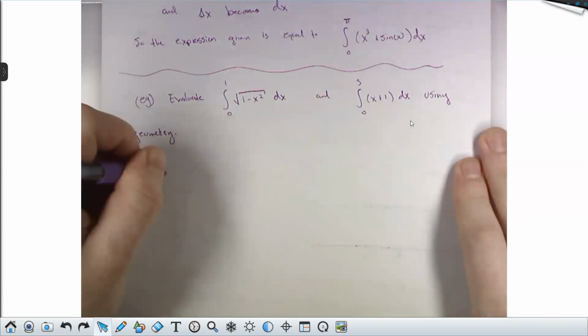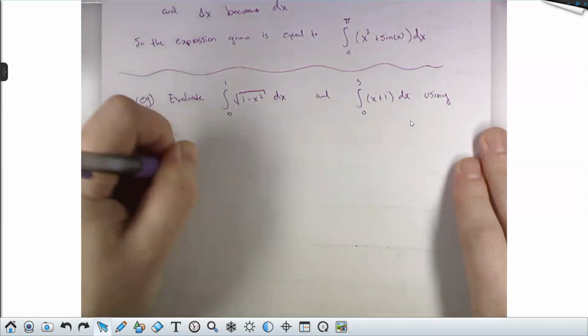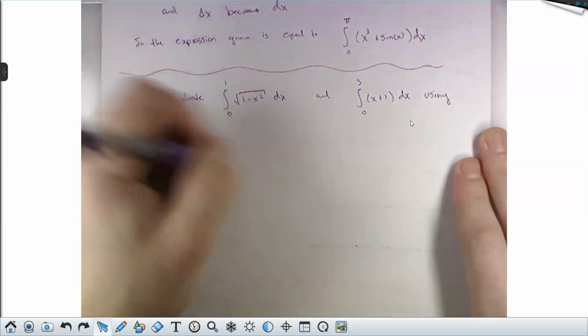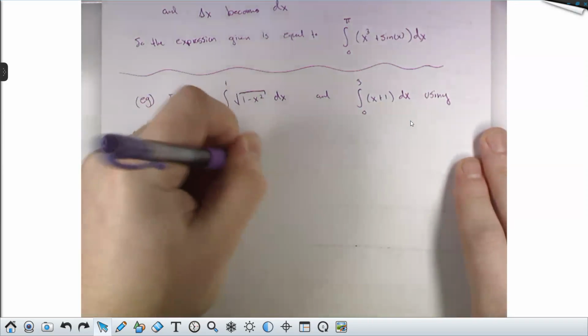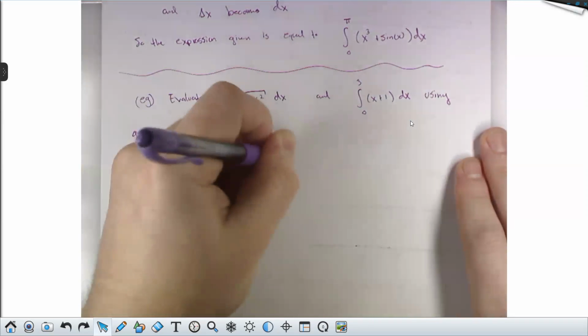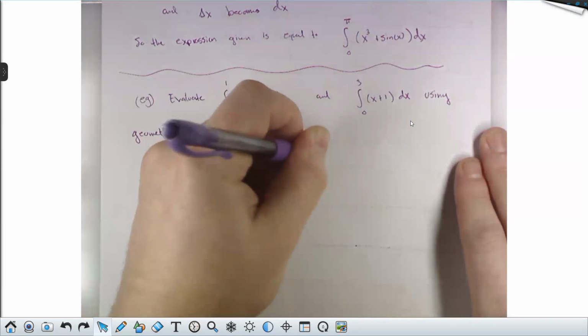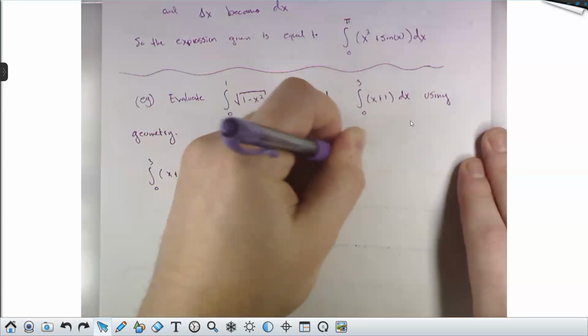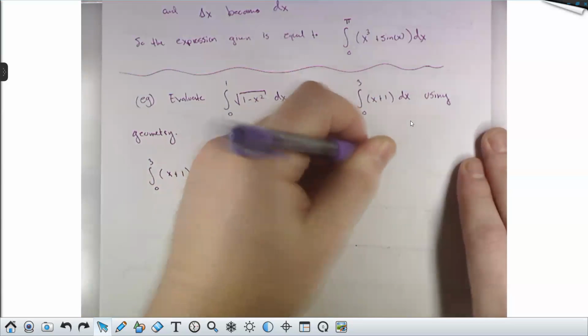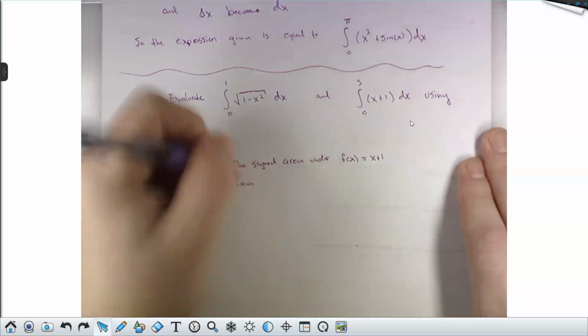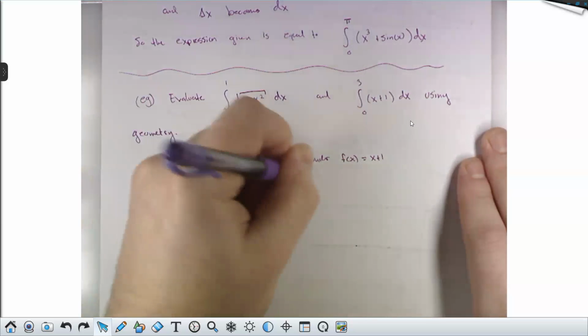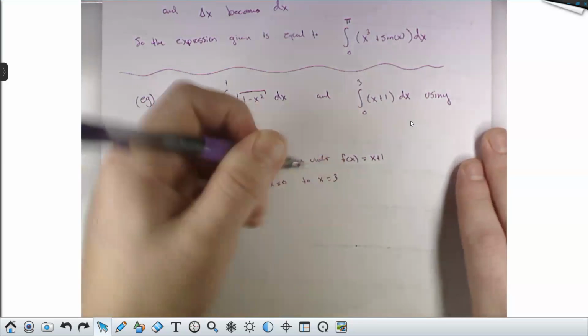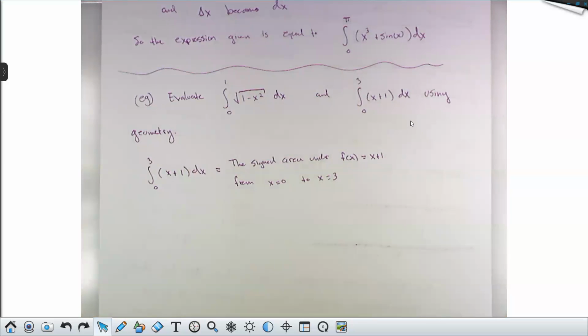Integral 0 to 3, x plus 1 dx. This is the signed area under f of x equals x plus 1 from x equals 0 to x equals 3. And in this case, we're very lucky because this graph is linear. So let's draw the graph.